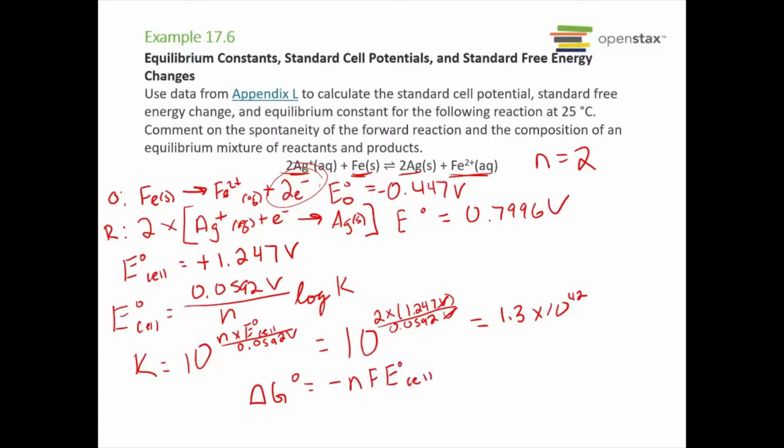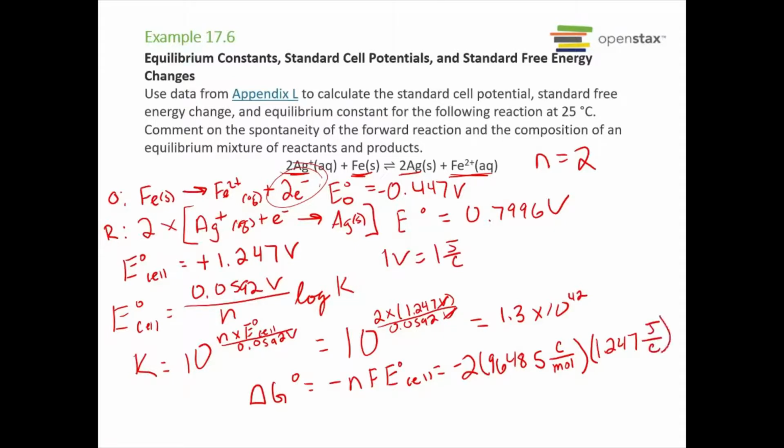So this is negative 2 times Faraday's constant, 96,485. The other way of writing Faraday's constant is coulombs per mole, C over mole, times the potential for the cell, which is 1.247 volts. A volt, by the way, is equal to a joule per coulomb.